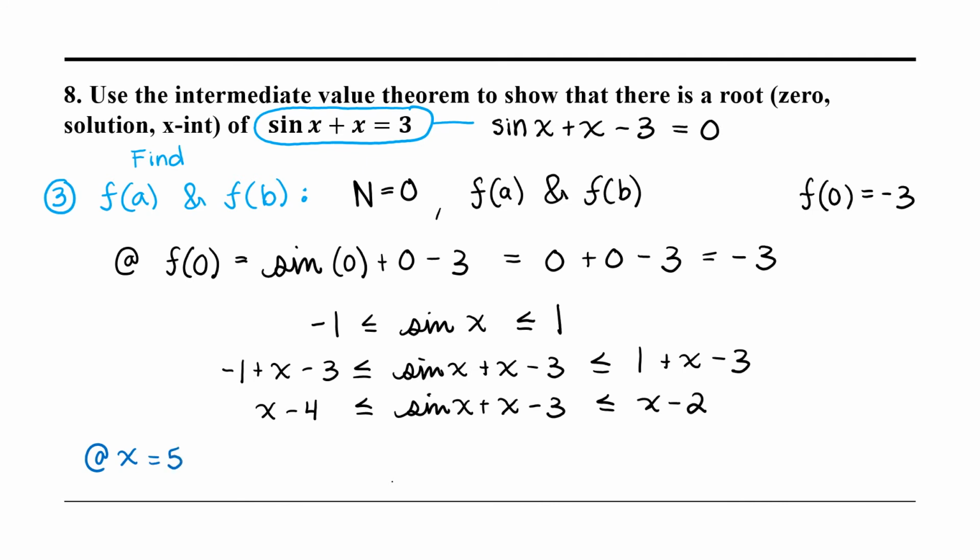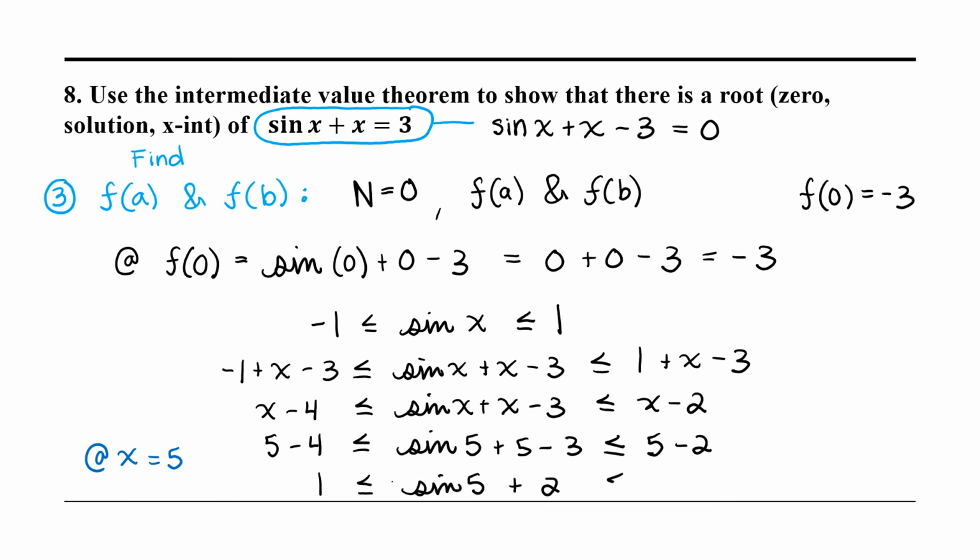So then we have 5 minus 4 is less than or equal to sine of 5 plus 5 minus 3 is less than or equal to 5 minus 2. So we have 1 is less than or equal to sine of 5 plus 2 is less than or equal to 3.